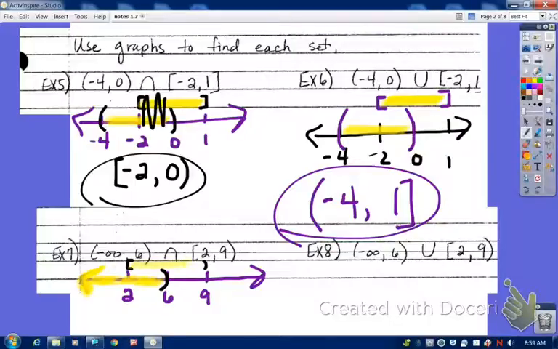I said union, but it's intersection. So looking at your graphs, where do these two graphs have numbers in common? 2 and 6. From 2 to 6. Do we include 2? Do we need a bracket or parentheses at 2? A bracket or parentheses at 6? Parentheses.